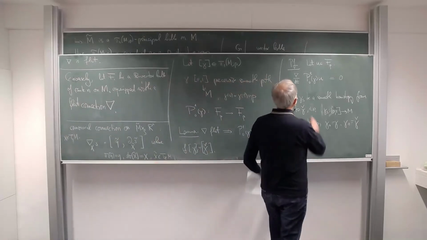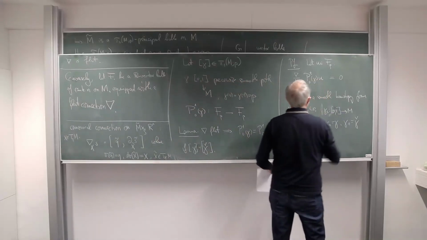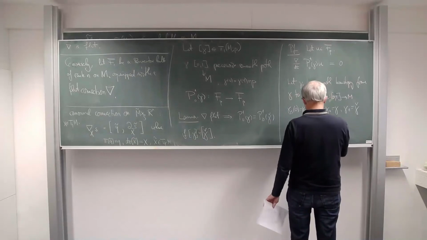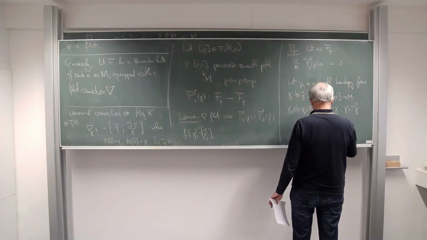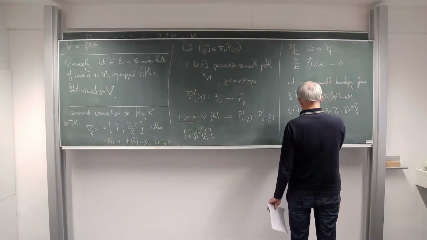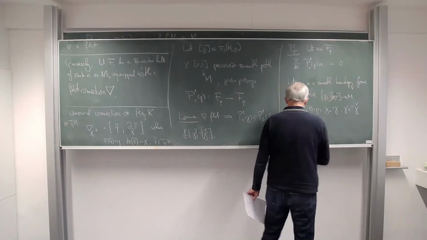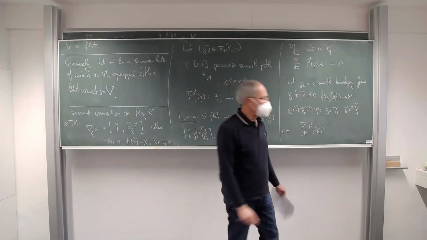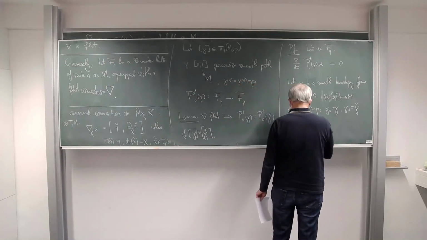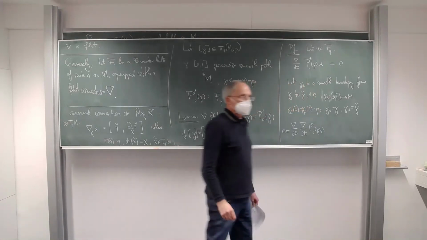And if I now look at this equation for gamma S, so differentiate it, then I get 0. And I can differentiate once more in the S direction, and it's of course still 0.